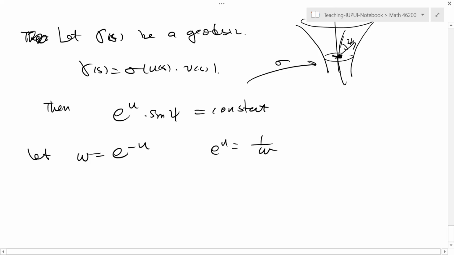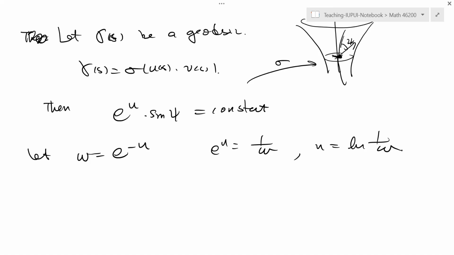Using this substitution, u equals natural log of 1 over w.